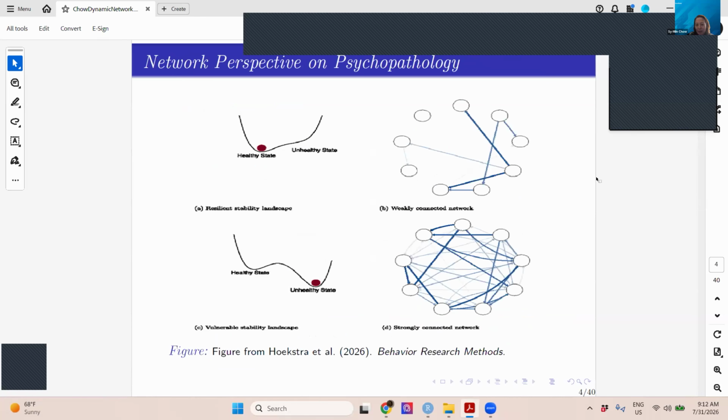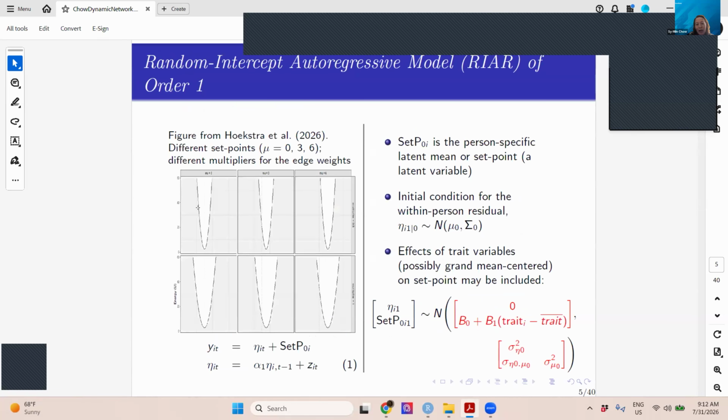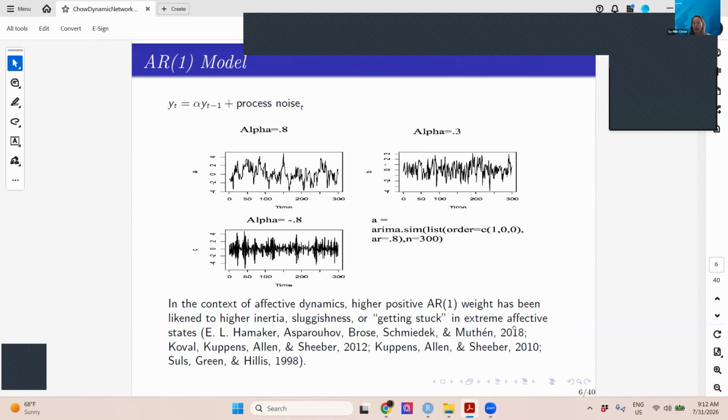So you're encountering a lot of resistance in getting back to that equilibrium, that set point. In the case of negative affect, people who have lower self-esteem, for example, have been shown by Koval and colleagues to show high inertia, getting stuck in extreme negative affect states before they're able to get back to that set point.